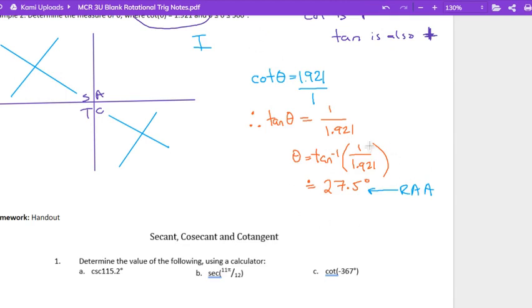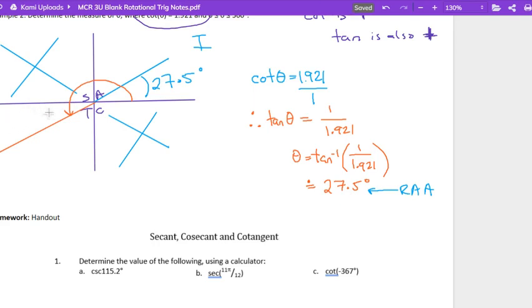So which quadrant has 27.5? This here is 27.5. Good question. So in quadrant 3, my angle is obtuse. It's got to be bigger than 180 degrees.